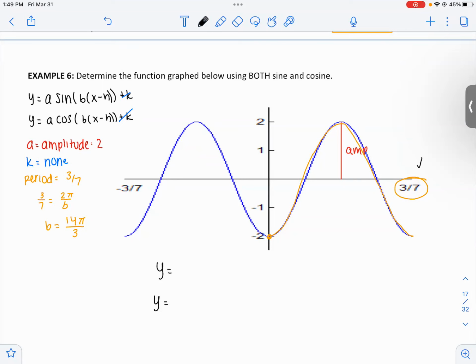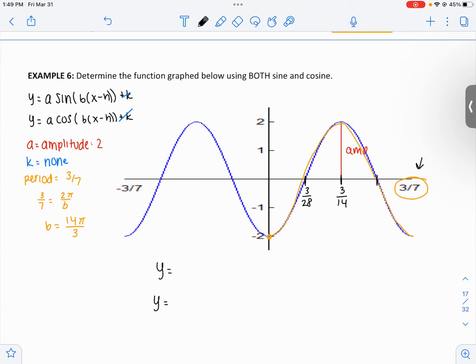If I know 3/7 is all the way over here, what would my x value be right in the middle? Well, it'd be half of 3/7, which is 3/14. And my other two values, well, that first one all the way on the left would be half of 3/14, so 3/28.